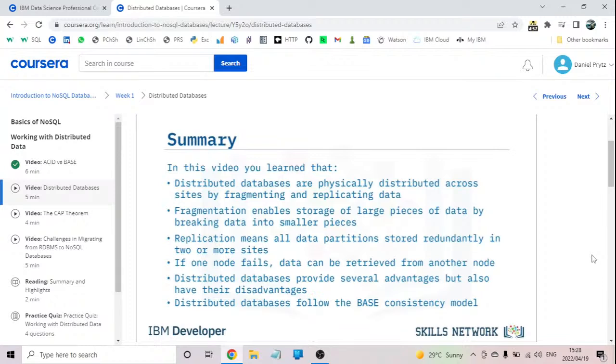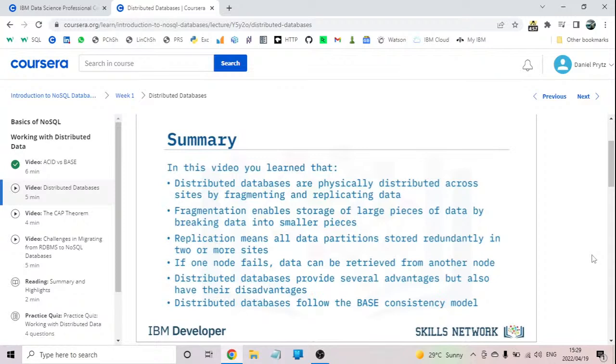Replication means all data partitions are stored redundantly in 2 or more sites.